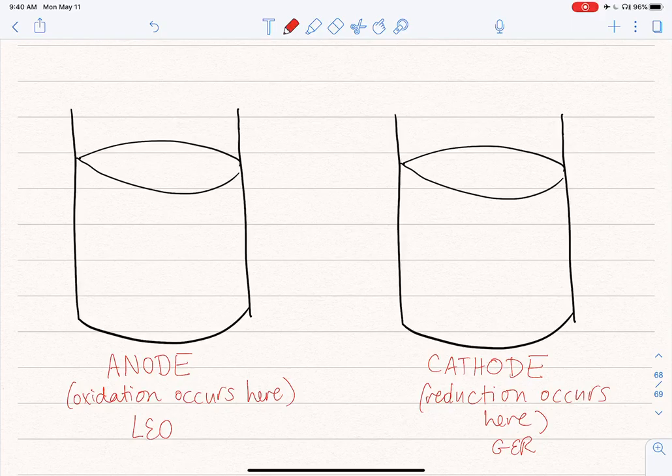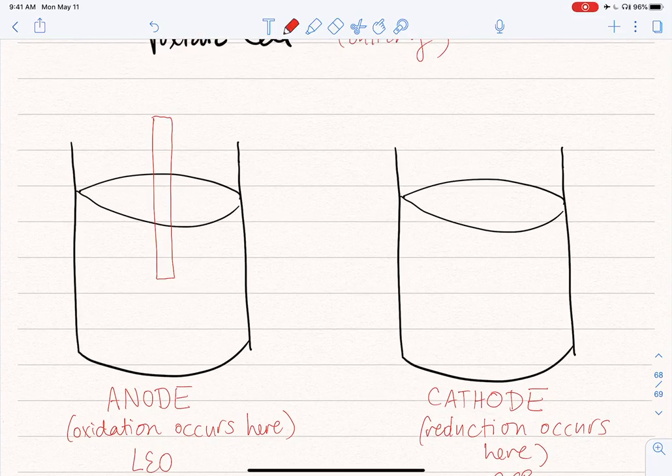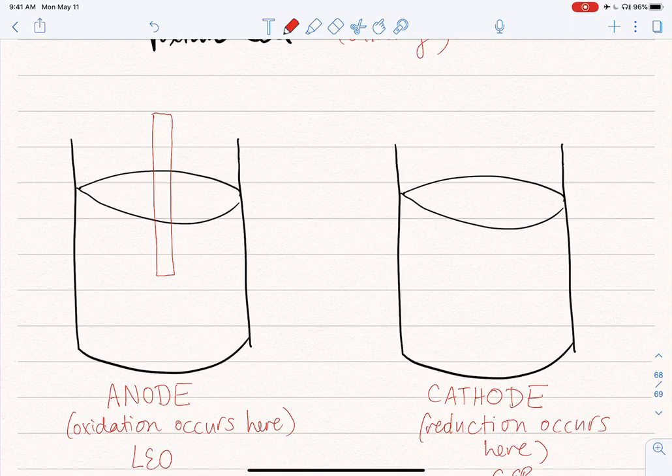Okay, so here, my dielectric medium is the solutions that I've drawn in these two beakers. So we have aqueous solutions in these two beakers. And I'm also going to draw metal electrodes sticking into those two beakers.